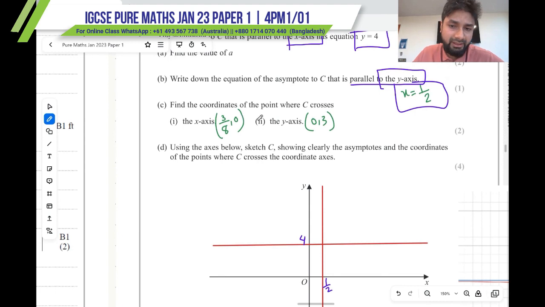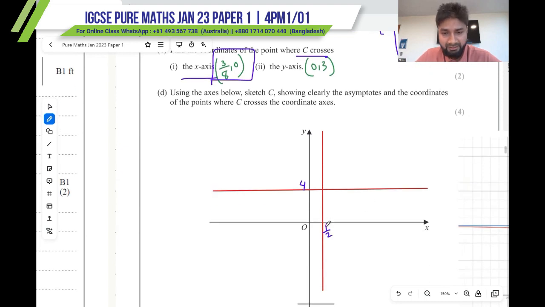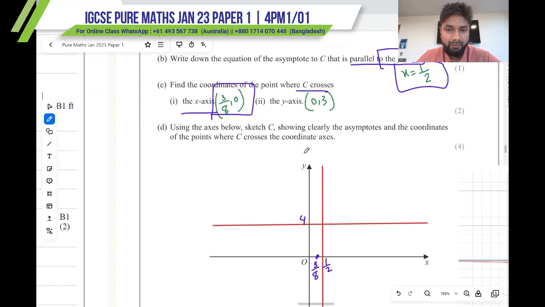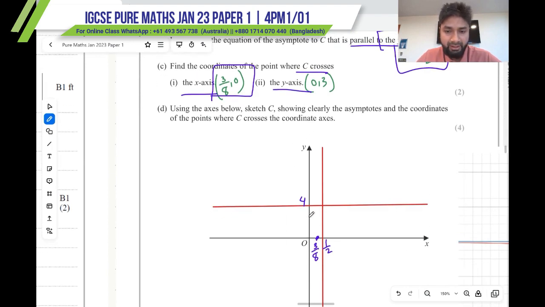The point where C crosses the x-axis is 3 over 8 and 0. We found it from the previous answer. So it should be 3/8, this point. And the last point on the y-axis is 0 and 3. So that's the final point.